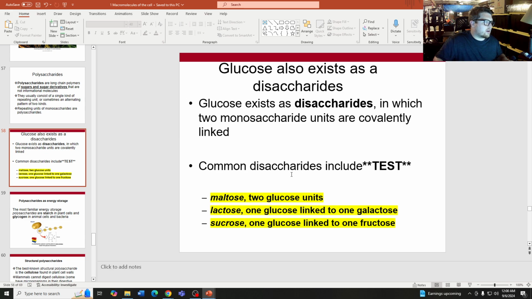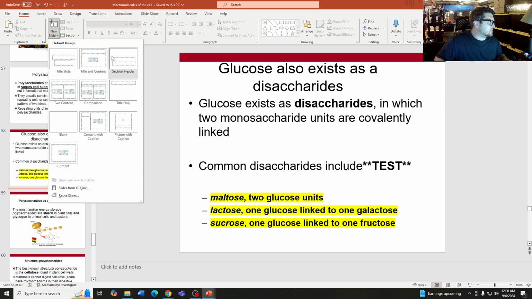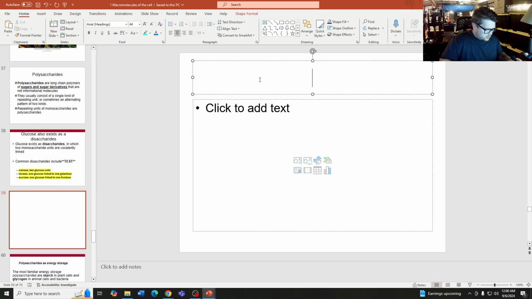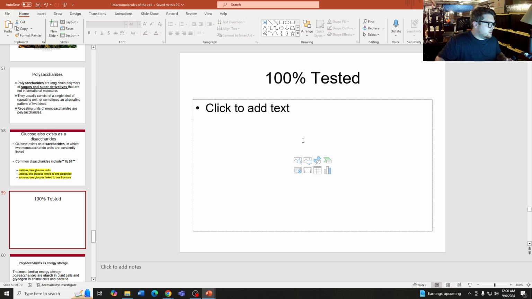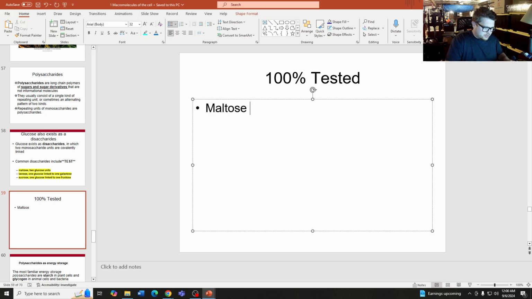Common disaccharides that we need to know. I'm actually going to put these on their own little slide. 100% tested right here. So we have maltose equals glucose plus glucose.